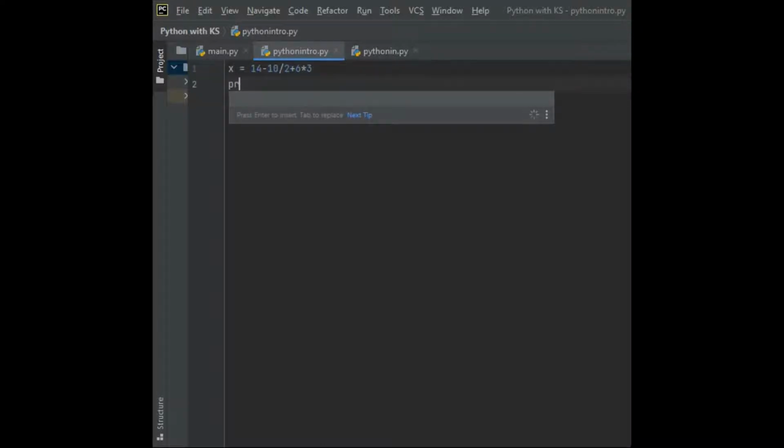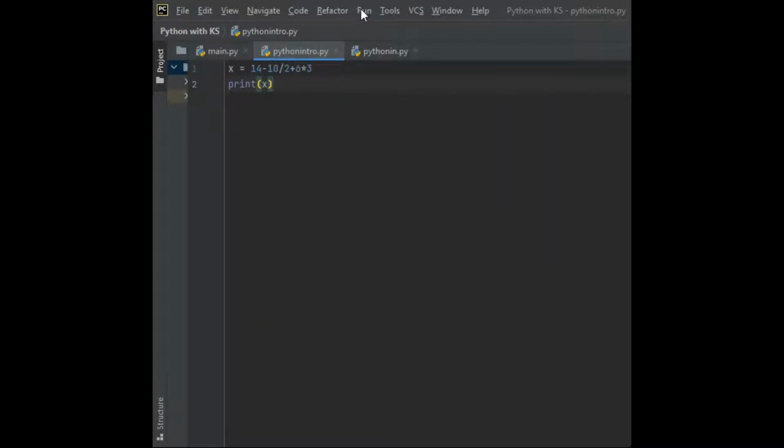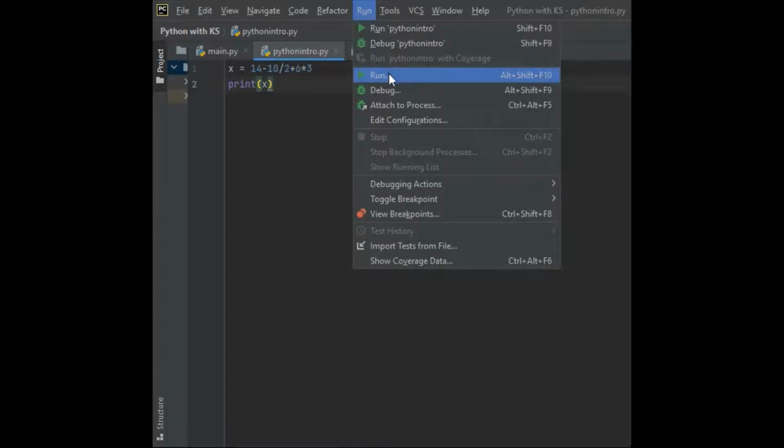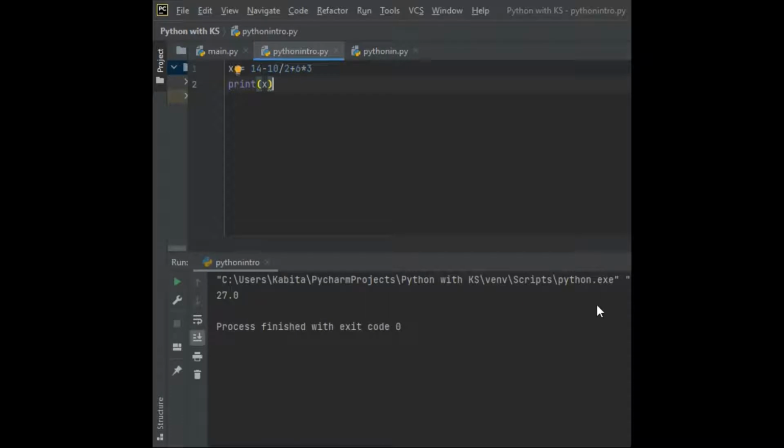Let us print the result. You see the result is 27. Let us check. In arithmetic operations, first we do the multiplication or division, then addition or subtraction.